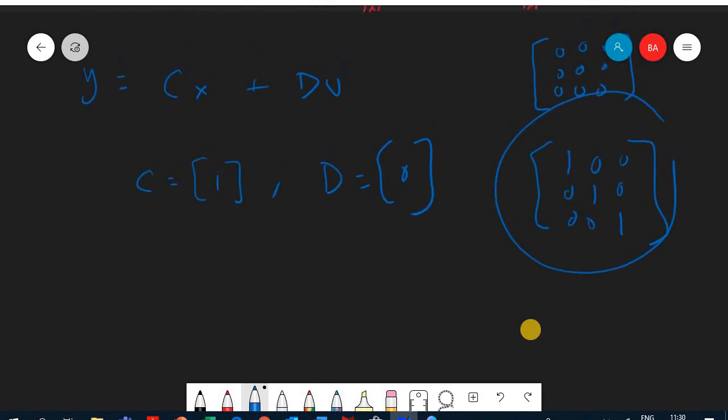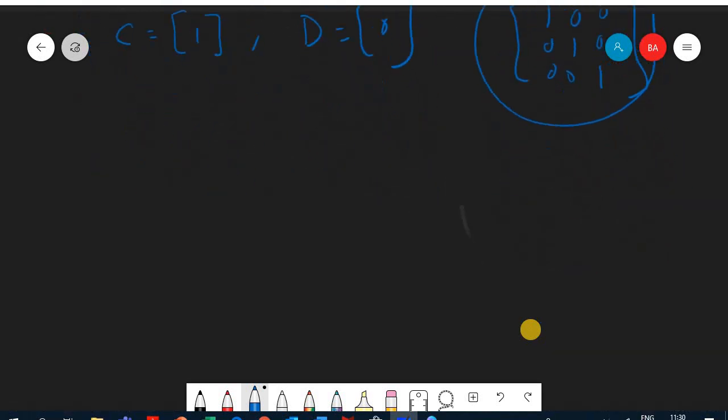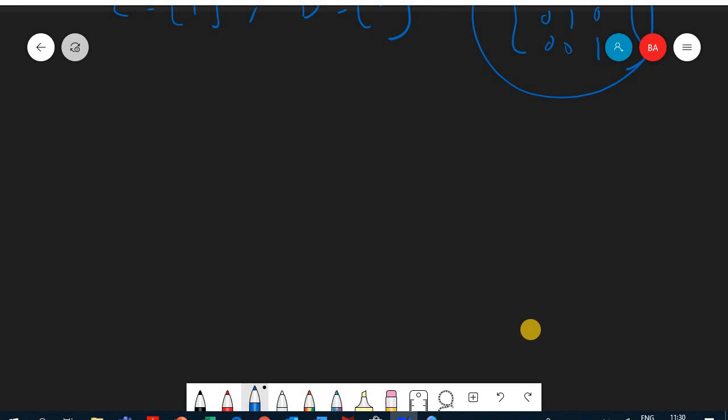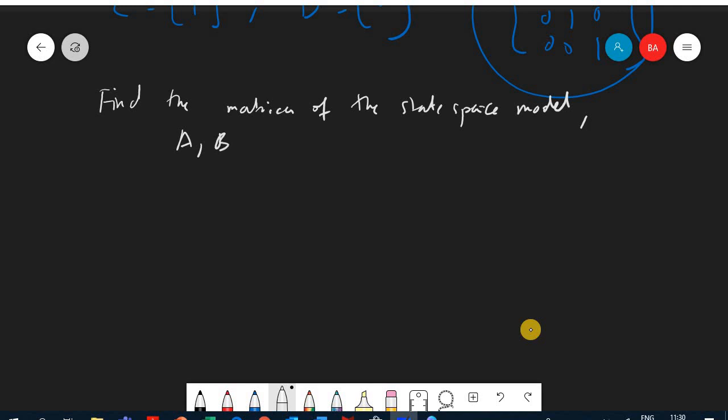As you can see here, this is the way we can get our state space matrices. Okay, so you're asking me how this is going to come up in the exam. I'm going to ask you to find the matrices of the state space model, and the matrices in this case are A, B, C, and D. So you're going to find that.